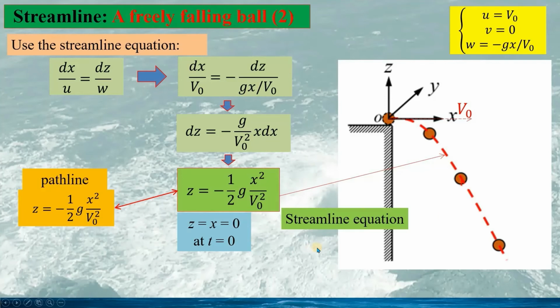And another question for this example is, because we consider the falling ball, the force is only the body force, the gravitational force acting on the ball. There is no surface force acting on the ball.